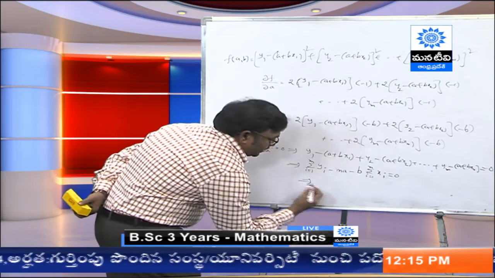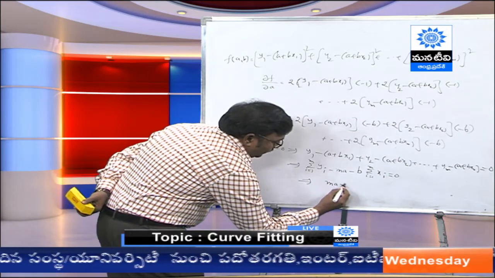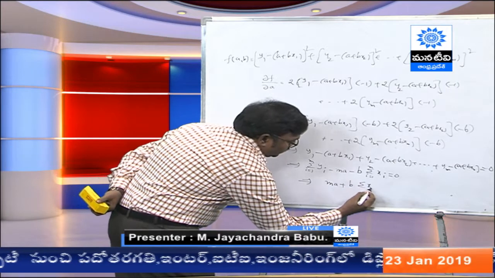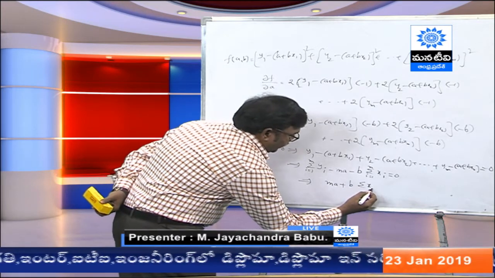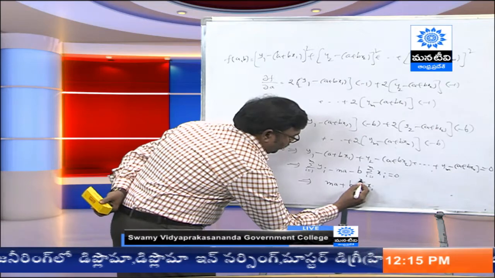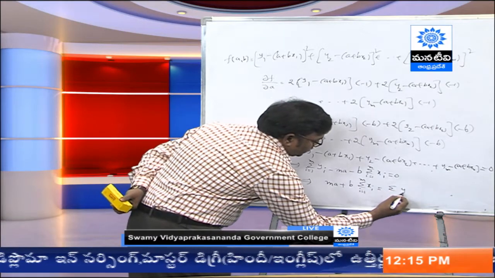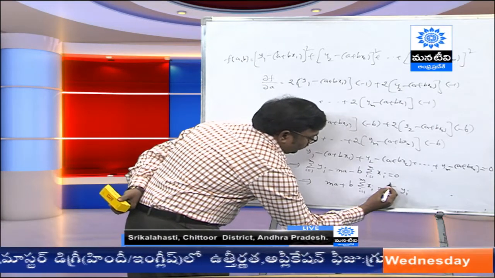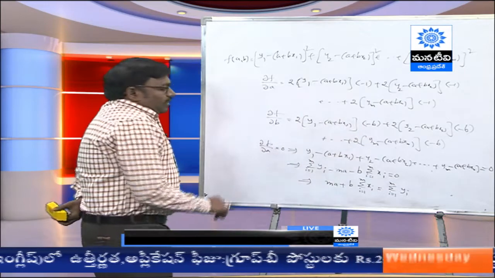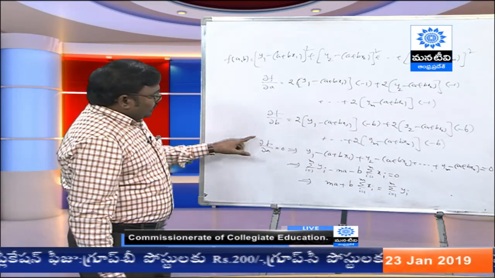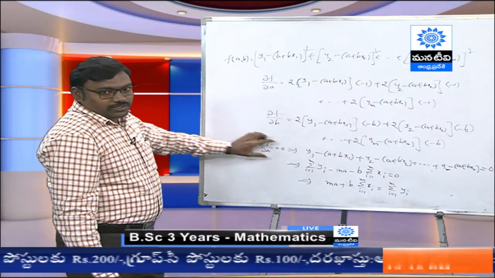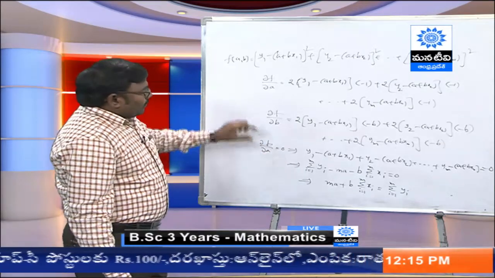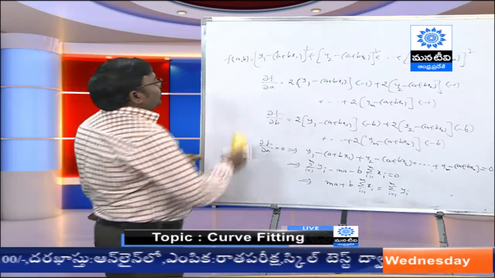That means ma plus b into summation xi, i equal to 1 to m, is equal to summation yi, i equal to 1 to m. This is one equation. We got this by taking dou f by dou a equal to 0, and we will get another one by taking dou f by dou b equal to 0.